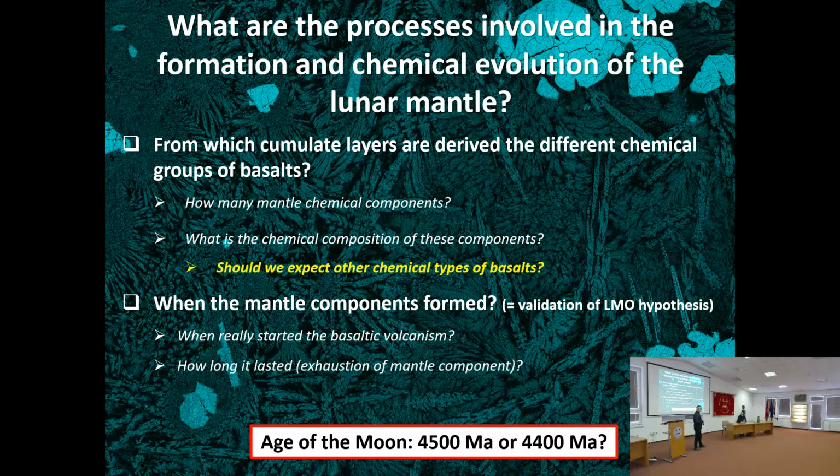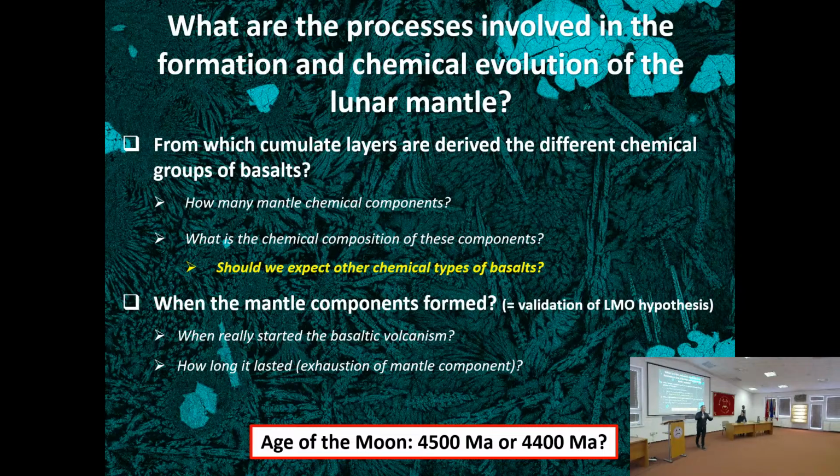So here are the questions. What are the processes involved in the formation and the chemical evolution of the lunar mantle? Under this big question, we have two main questions: from which cumulate layers are derived the different chemical groups of basalts?